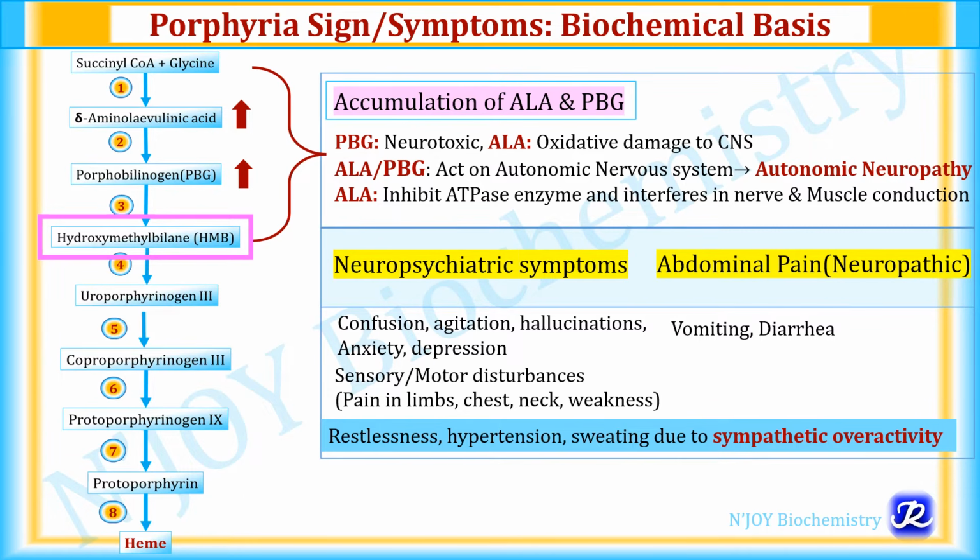So if the defect in porphyria lies above the formation of tetrapyrrole, for example in aldehydatase deficient porphyria and acute intermittent porphyria, the patient presents with such neuropsychiatric symptoms and abdominal pain.